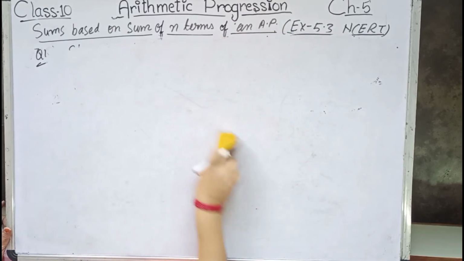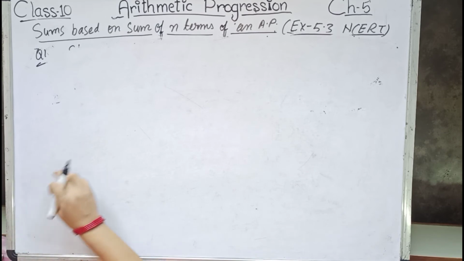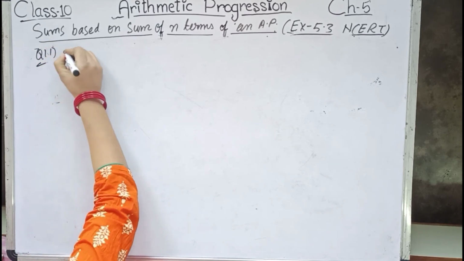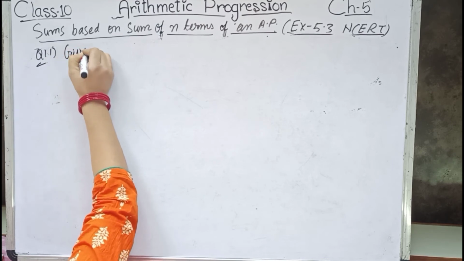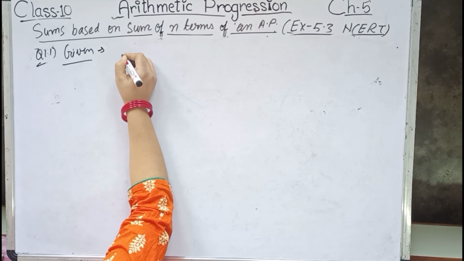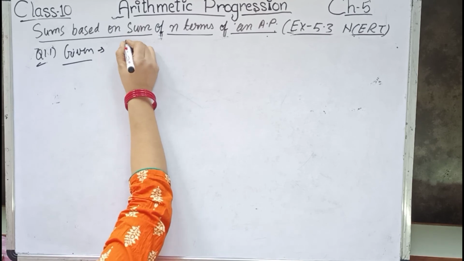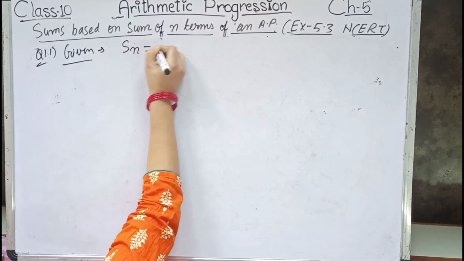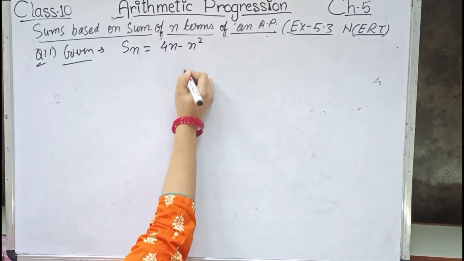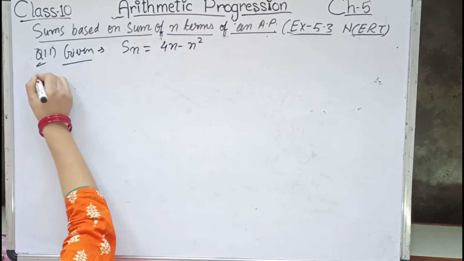Question number 11 says that if the sum of the first n terms of an AP is 4n minus n square. So I am starting with the given part only. Given: the sum of the first n terms of an AP is 4n minus n square. What is the first term?